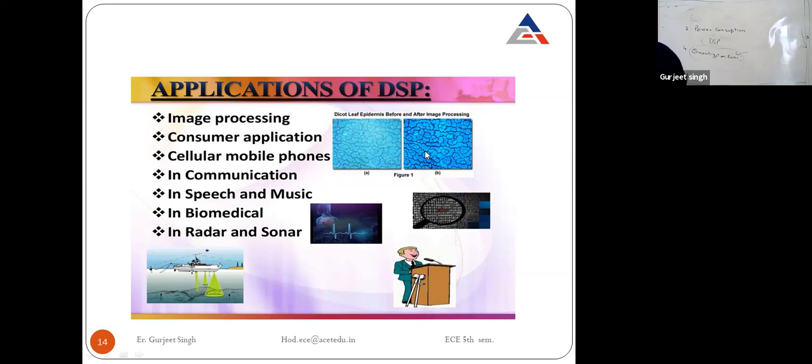In speech and music, we are using DSP processors, like when we modify our voice with the help of DSP processors. We can reduce the speech and the music clips, etc. In the biomedical field, we are using DSP processors also, like in radar and sonar.